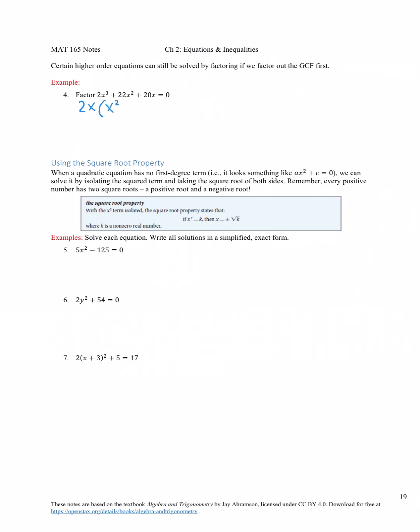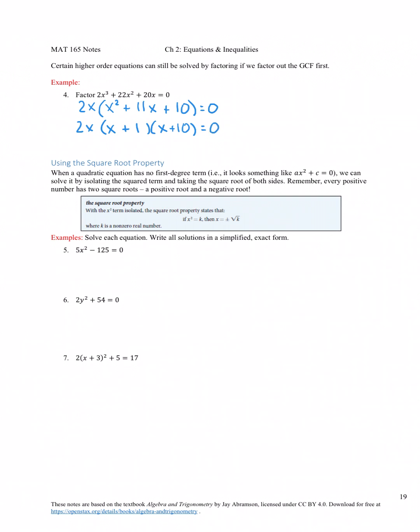I'm going to go ahead and factor out the 2x. And now I'm going to go ahead and factor what's inside our parentheses here, leaving our 2x on the outside like so.